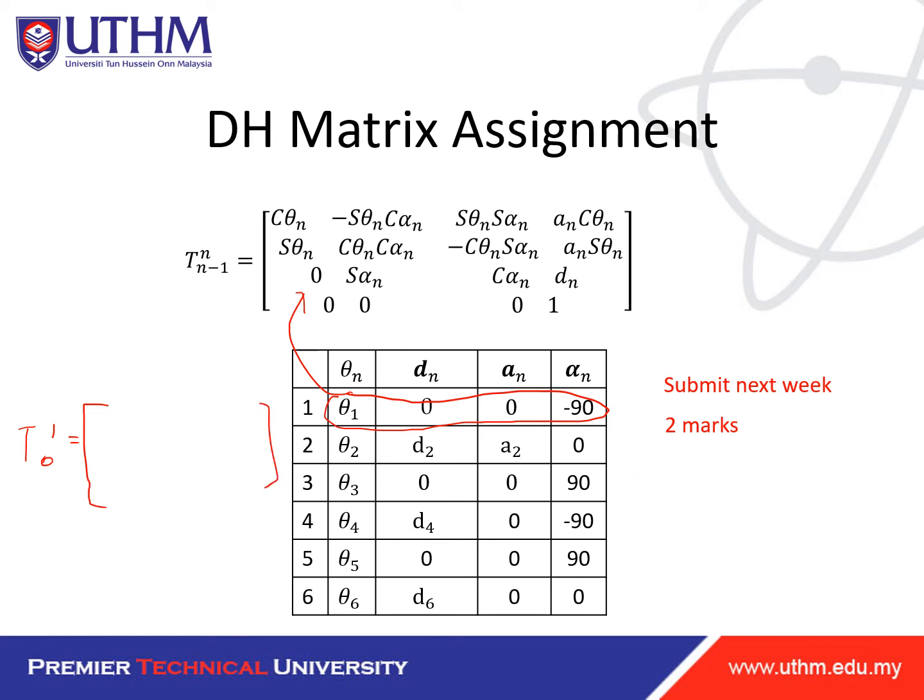We need to fill in theta n. Here is all of the theta n. Then we need to fill in dn. This is dn, an, and alpha n.